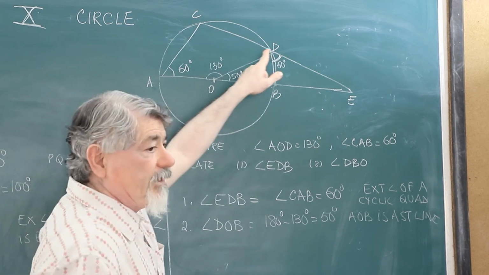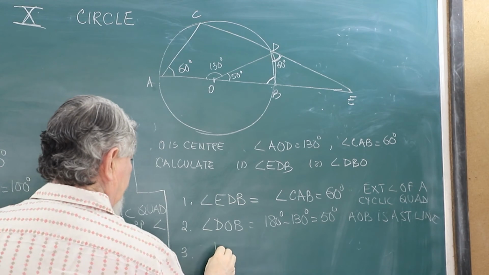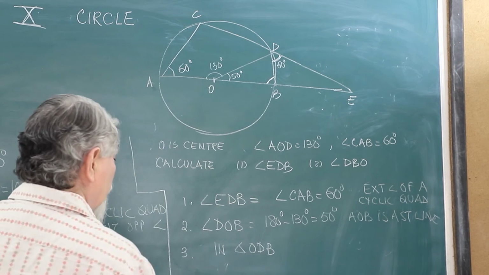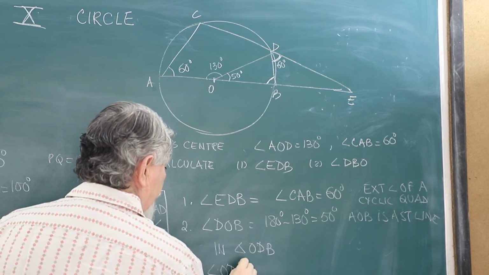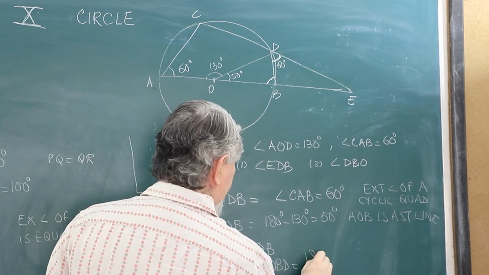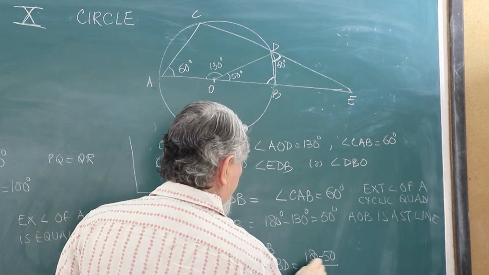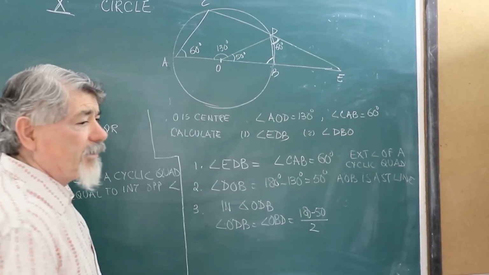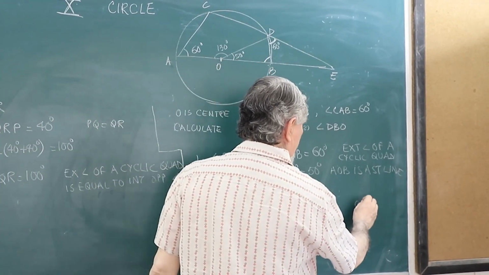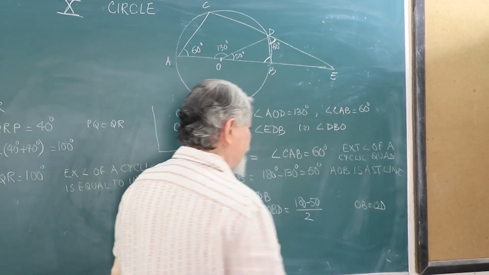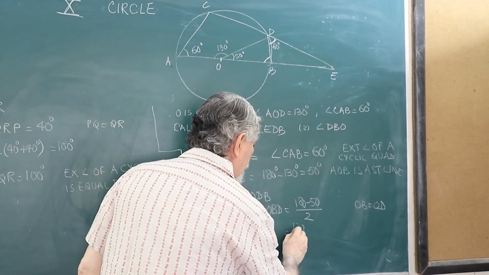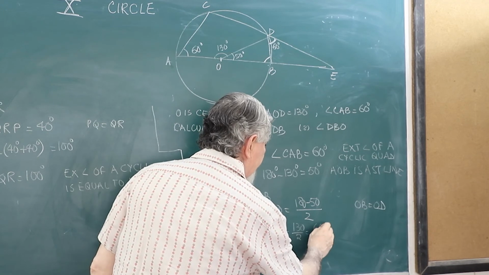In the triangle ODB, angle ODB will be equal to angle OBD, which is 180 minus 50 upon 2. Why are they equal? They are equal because OB is equal to OD, radii of the same circle. 180 minus 50 is 130 upon 2. That means it is 65 degrees each.